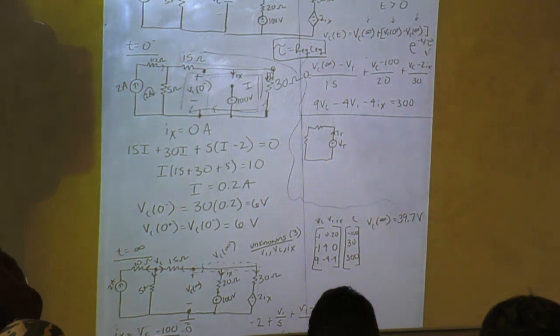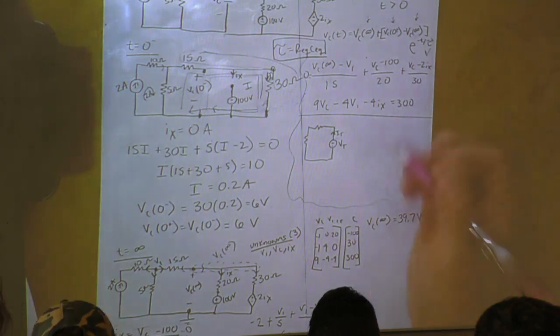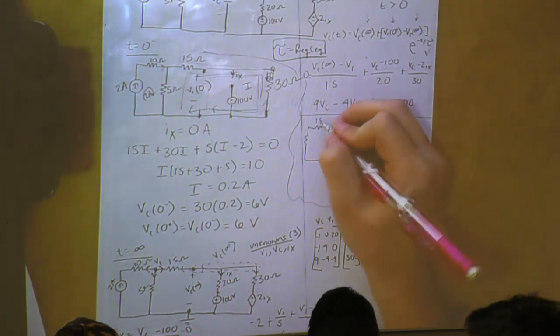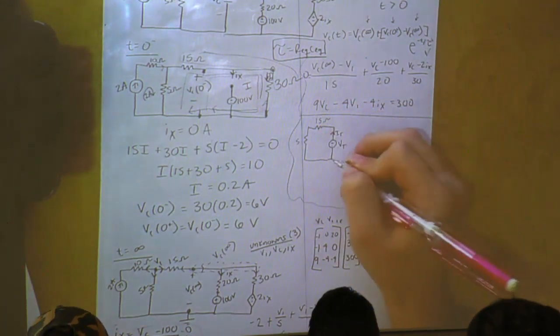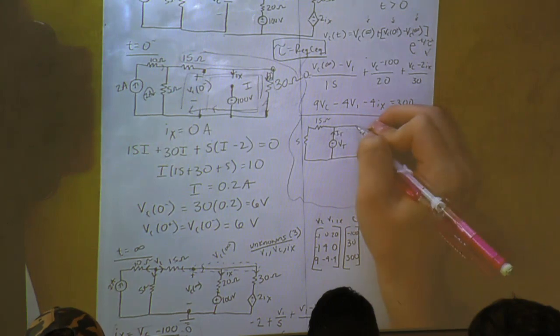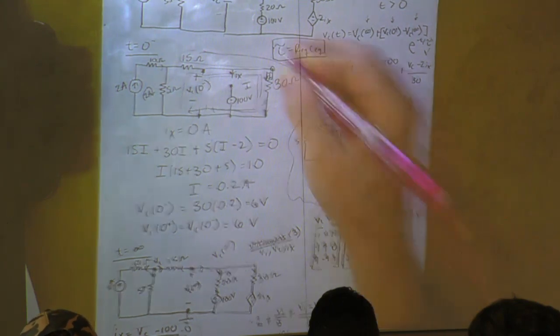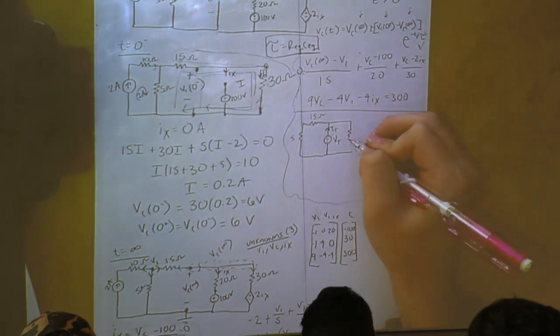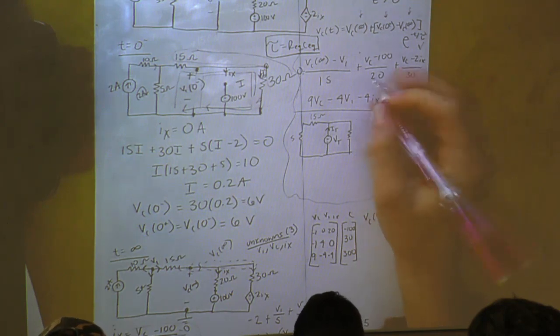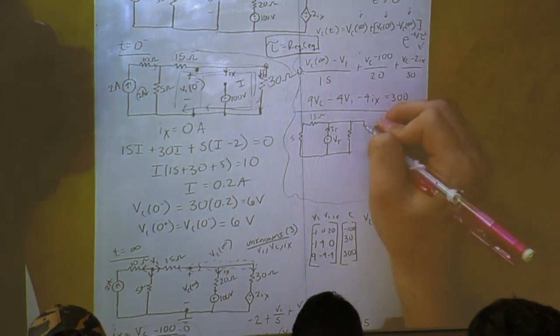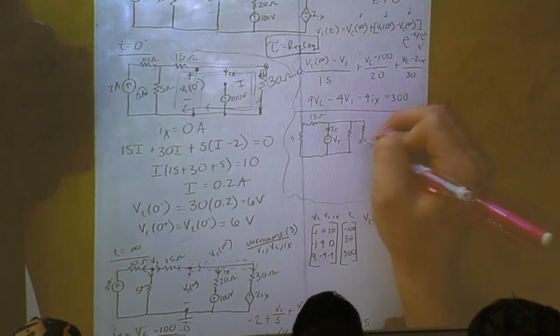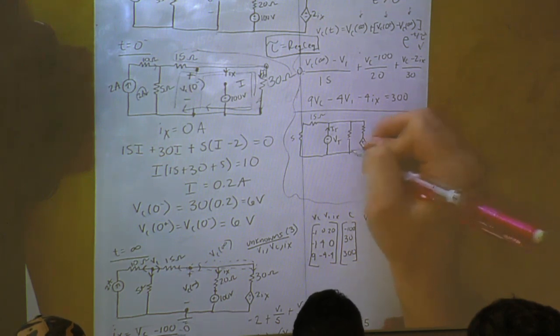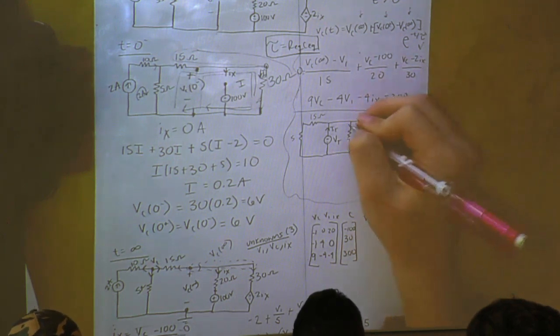If we were finding our R equivalent without a test, we'd be looking in through the capacitor and through the inductor, right? So what we're looking into is where you want to put your test. This is 15, 5, and our switch is going to be closed, and our sources are going to be off, so this is a short. Our dependent source does not turn off because our Ix is still here.